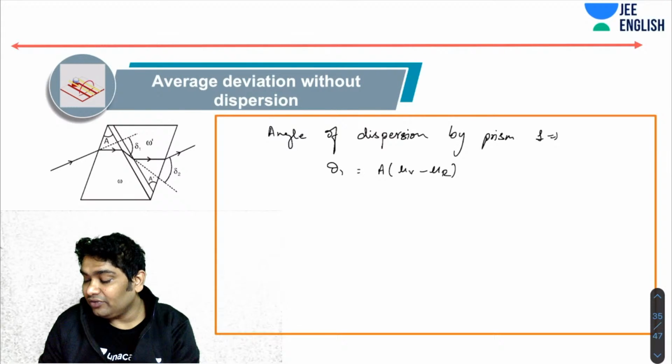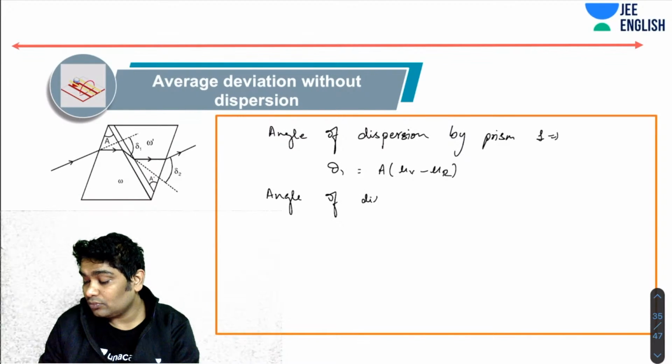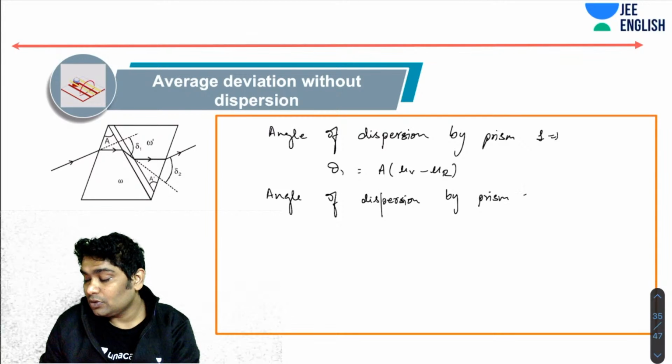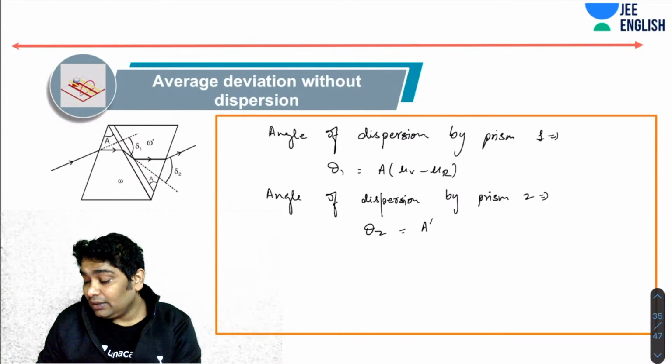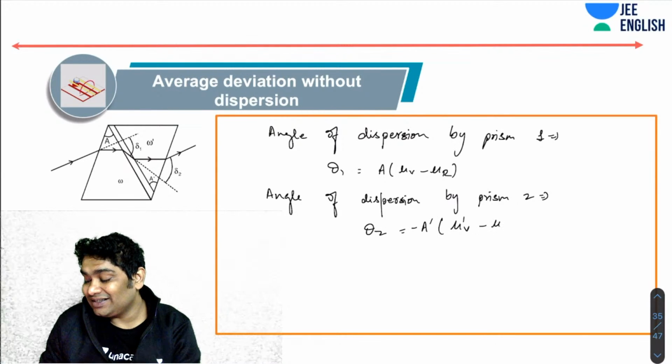Similarly, the angle of dispersion produced by prism 2, how much will that be? Theta 2 would be equal to minus A dash times (mu dash violet minus mu dash red).